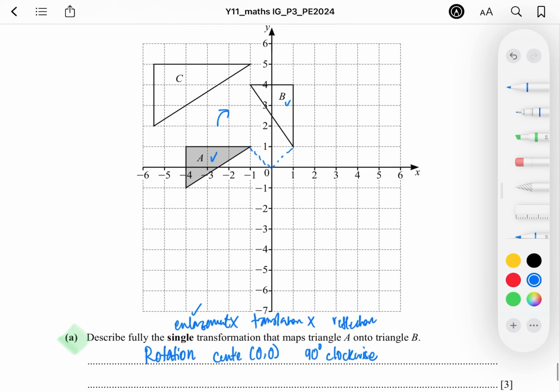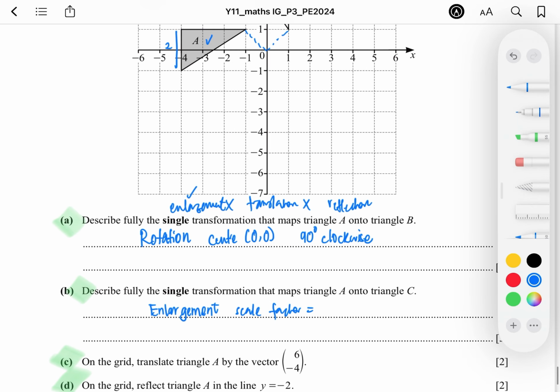So what we can do, we can take this side here, that's 3, this side here, that's 2. So image over object. You can simplify it to 1.5. If you want to leave it as 3/2 that's fine. So that's 1 mark.